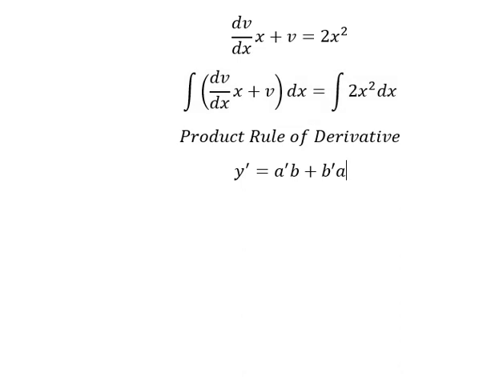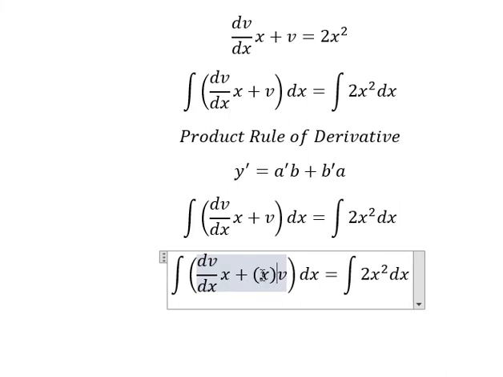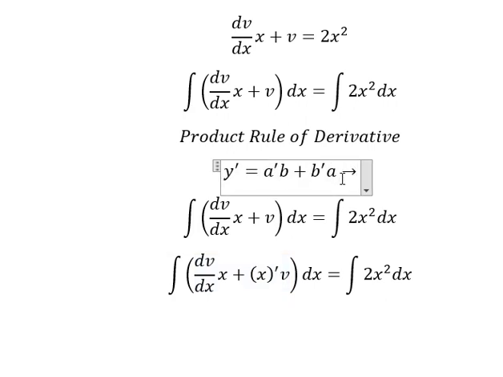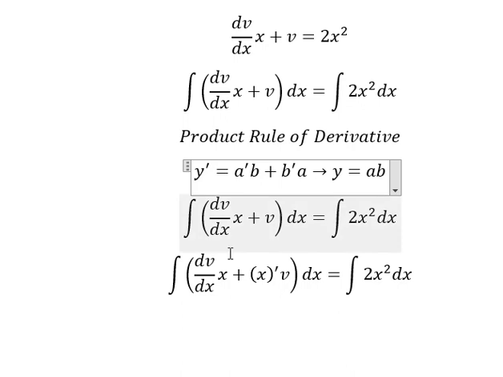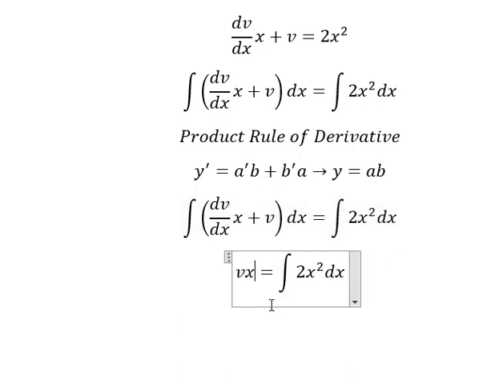So we have the first derivative of a multiplied by b, and this one we have the first derivative of b multiplied by a. So the integration of this one, we have y equals ab. So the integration of that one, we have vs.